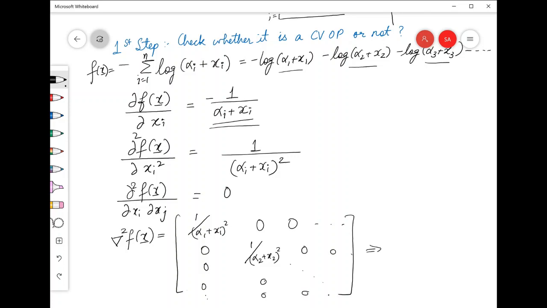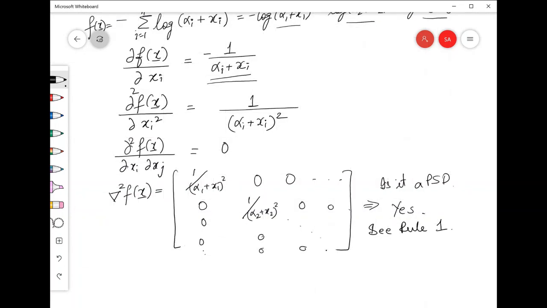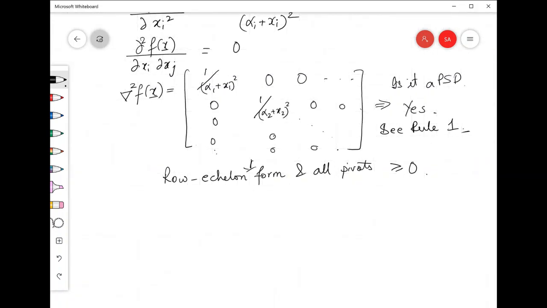Now is it a positive semi-definite matrix? Yes. See rule 1, it will be very simple. This is in row echelon form and all pivots are greater than or equal to 0. So from here we can say that my objective function f(x) is convex.